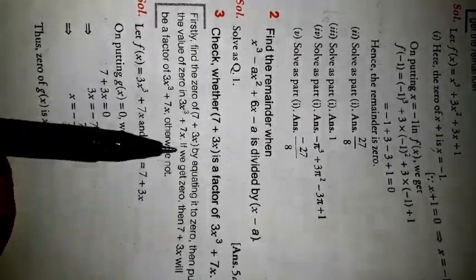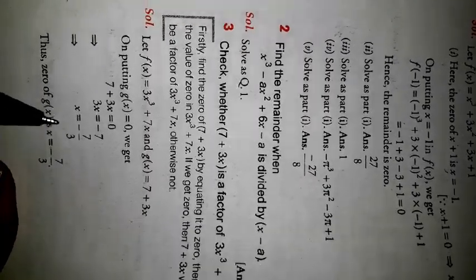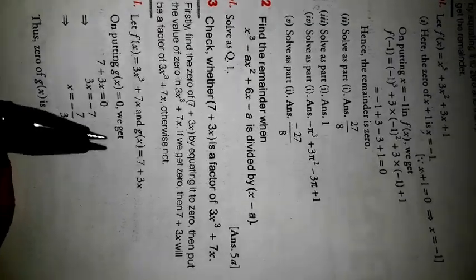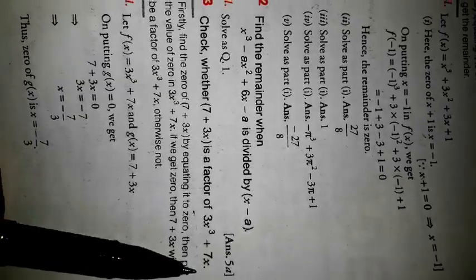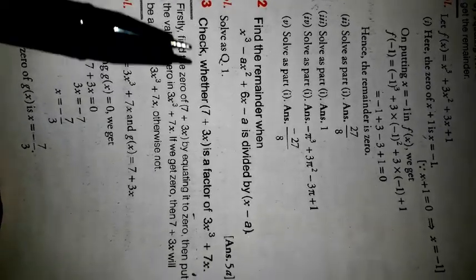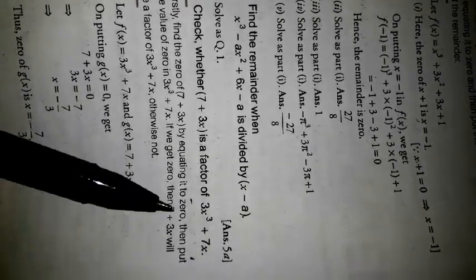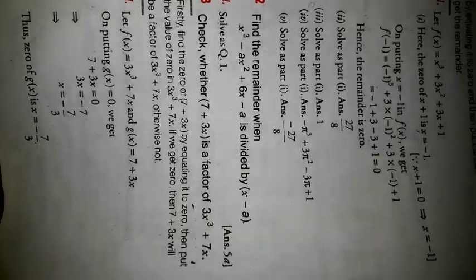So the value of x will be minus 7 by 3, as I have written here, you can see x equals to minus 7 by 3. Then this value of x equals to minus 7 by 3, you have to put it here and just solve. If your answer is coming 0, you can say yes, this one is a factor of this. If your answer is not 0, you can say no, it is not a factor of this. So you can solve it.